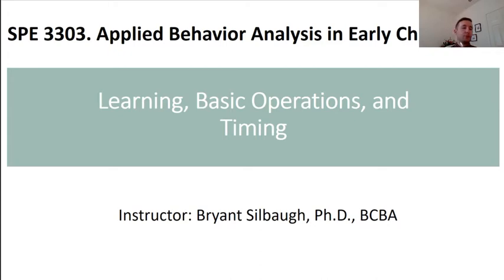And so the reason we've covered behavior and environment is that we really have focused on just defining behavior, defining environment, and contrasting the two. So now we're going to begin to focus in the next several units in this course on functional relations between behavior and environment.